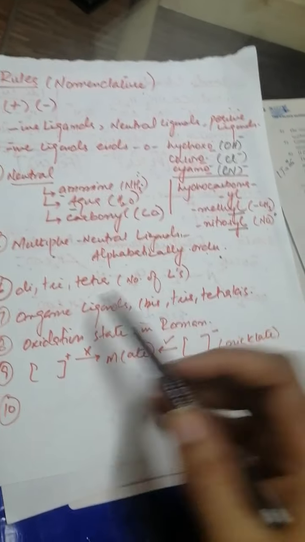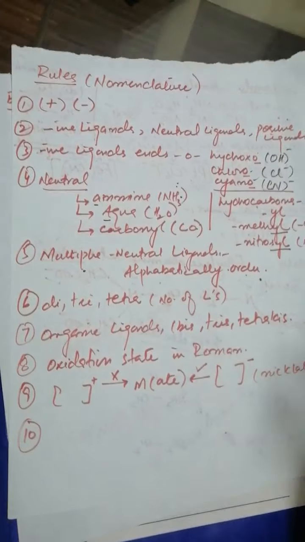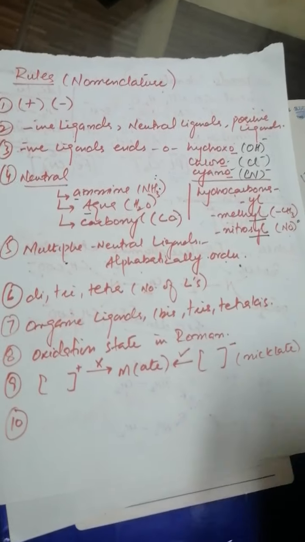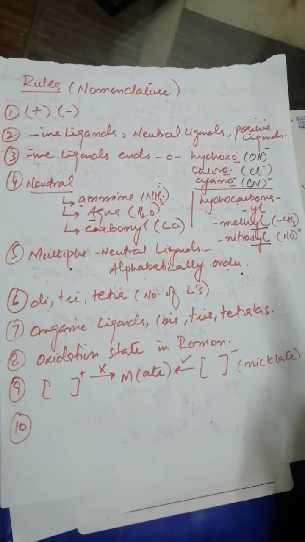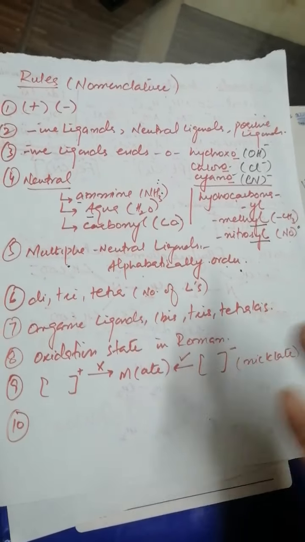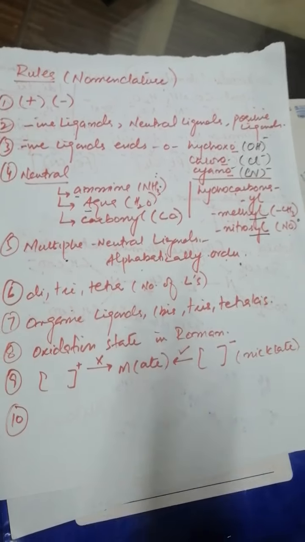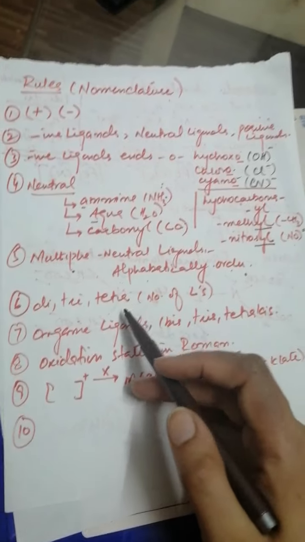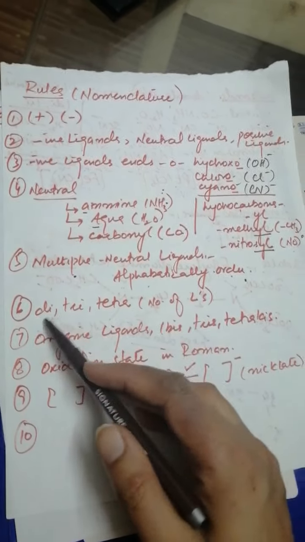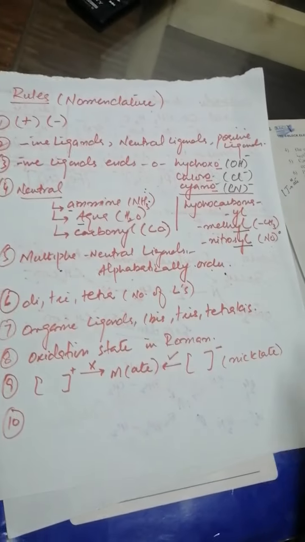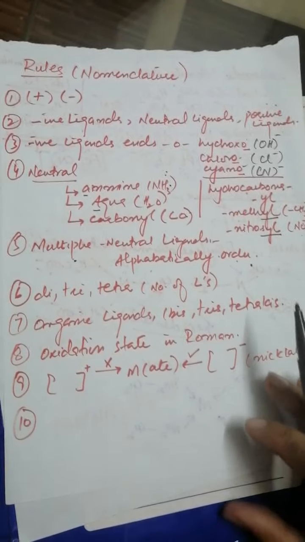If we have multiple ligands, like two ammines, it's diammine, triammine. If we have three chloros, it's trichloro, right? If we have four cyano, it's tetracyano, right? Then you need to show di, tri, and tetra, even penta, even hexa, to show the number of ligands.